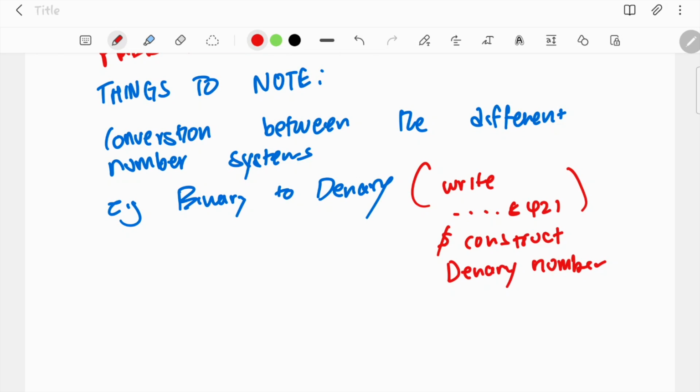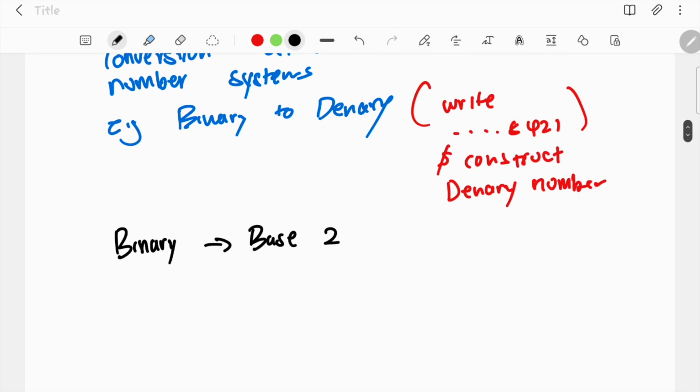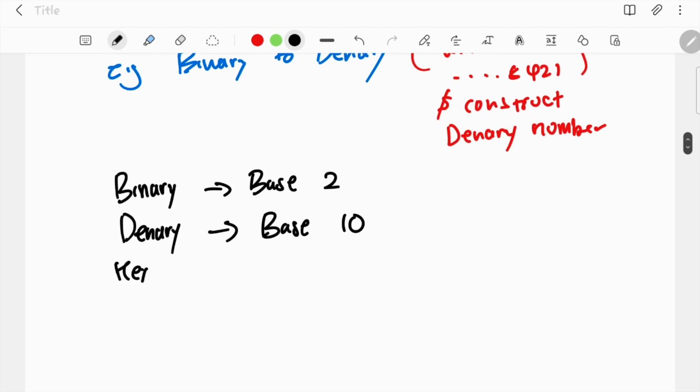Another thing that you need to know for this October, November is you need to go over the different bases. Remember, binary is base 2, denary is base 10, and hexadecimal is base 16.